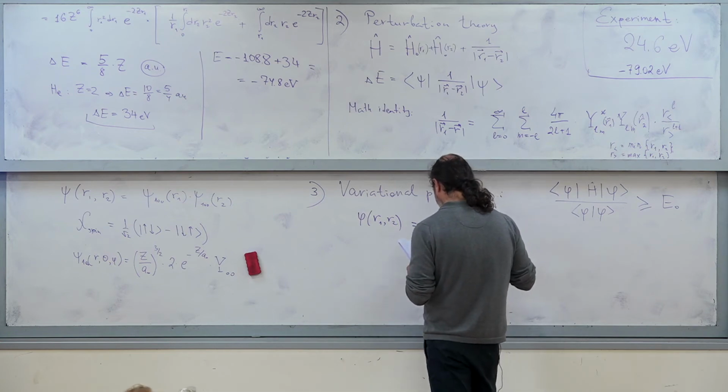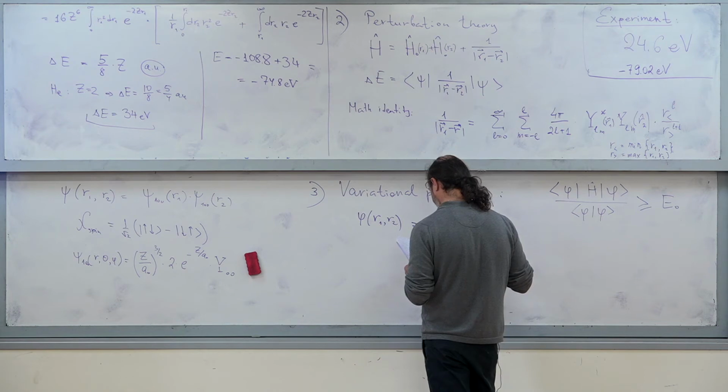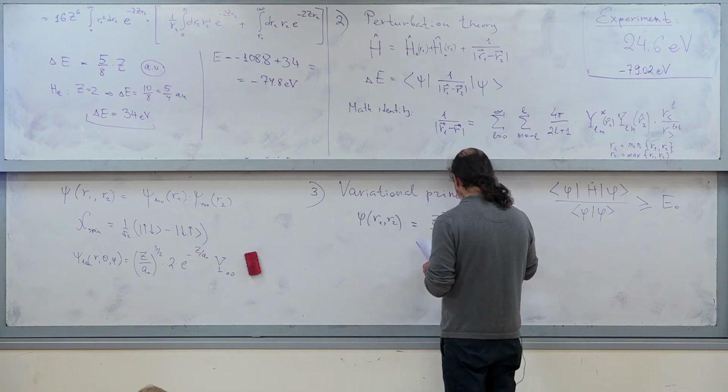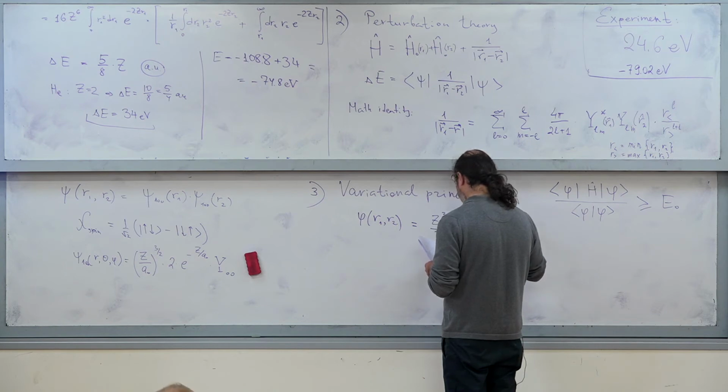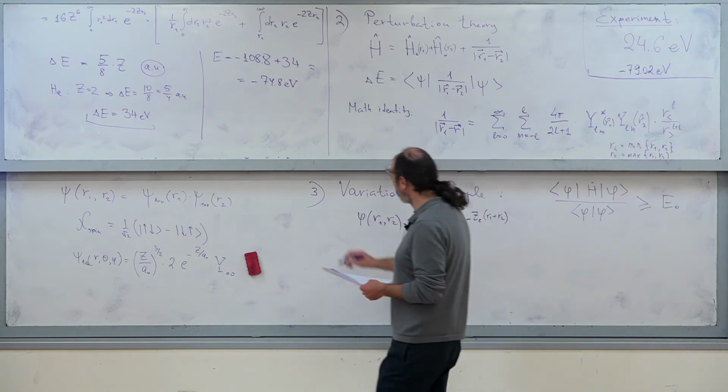Otherwise, this wave function looks the same. So it looks like minus ZE, effective Z number, multiplied by R1 plus R2. And I remind you, it's in atomic units.